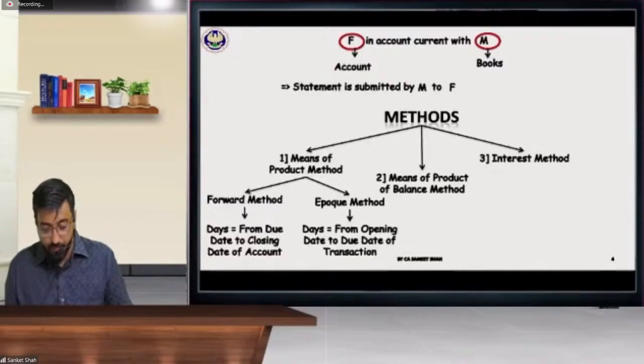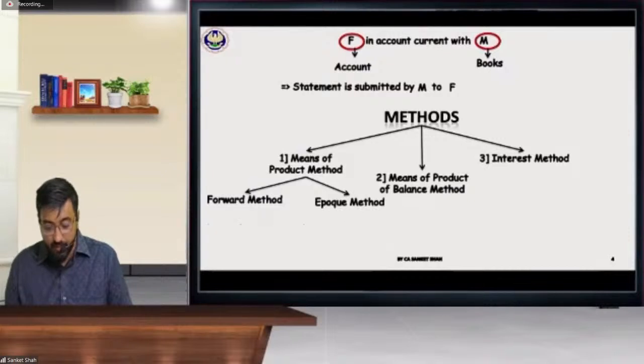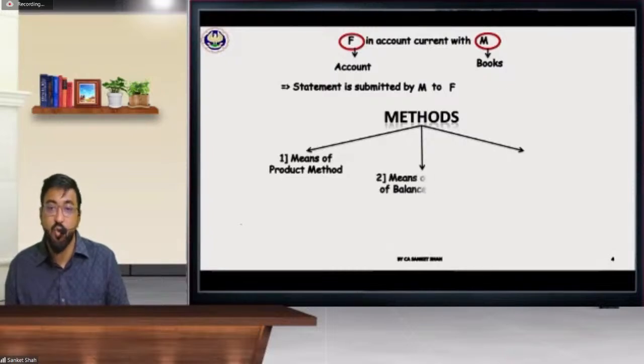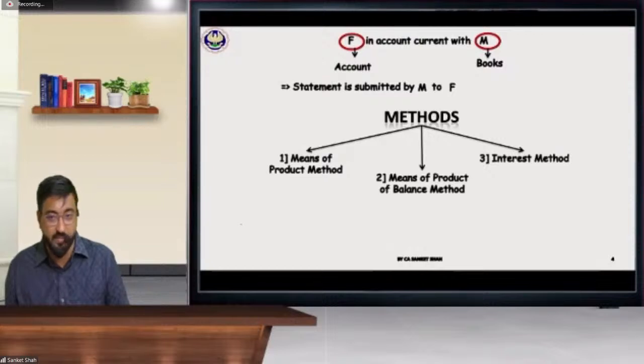Okay, now beta there are three methods. First method is known as product method. Second method is called balance method. And third method is called interest method. Before the break, I am going to take the product method and balance method, and after the break, the interest method, which is the last method.